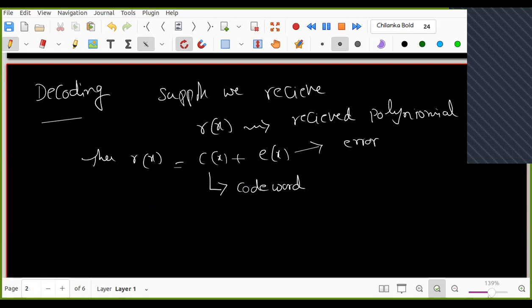So what are code words in cyclic code? Multiples of g of x. Yes, now you already remember that.